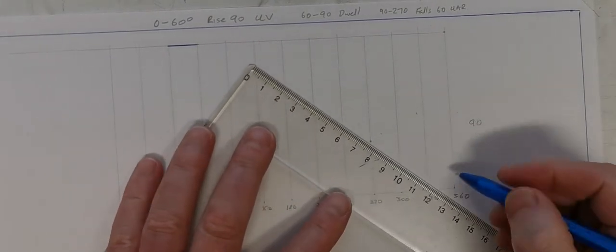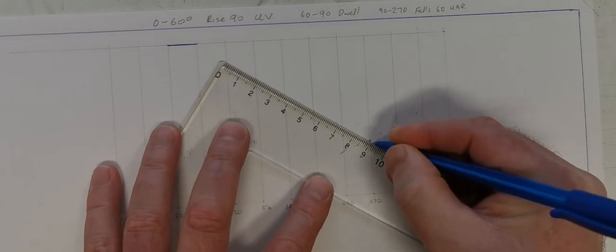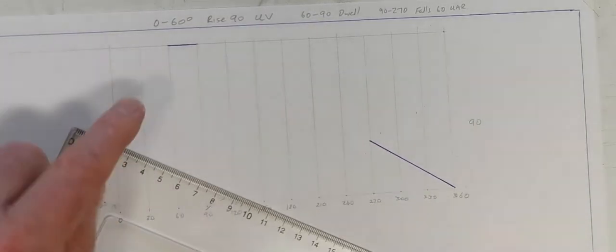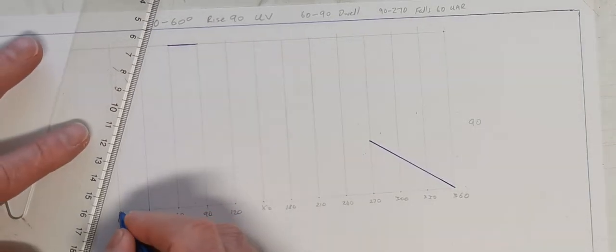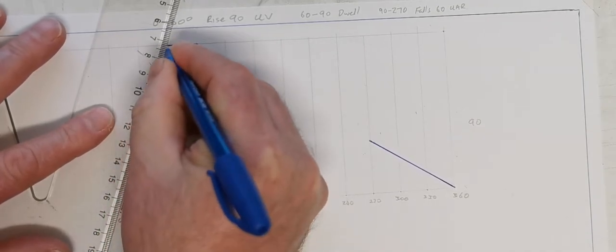Okay, now uniform velocity is great news for everybody, because that is a straight line, and since it rises from 0 to 60 degrees with uniform velocity, that's good news as well.